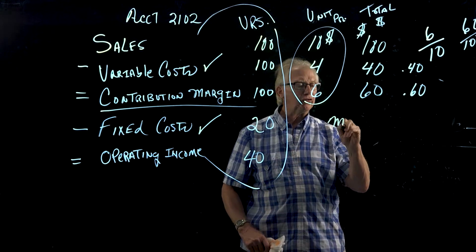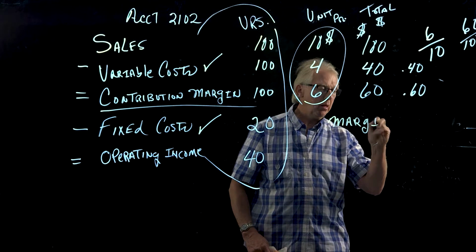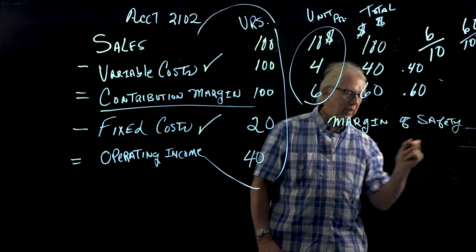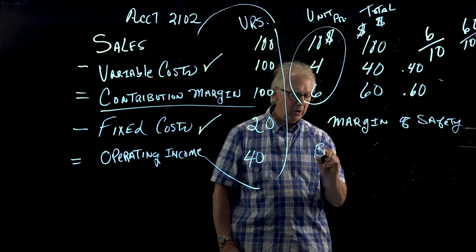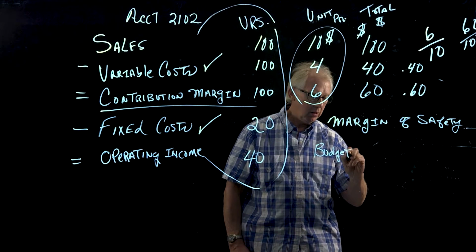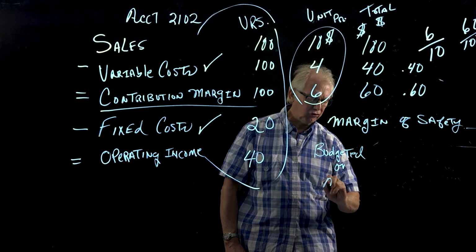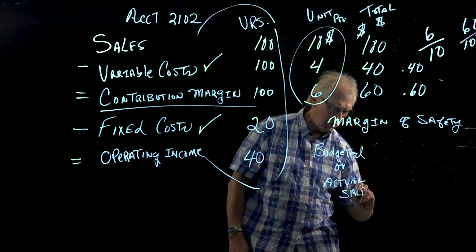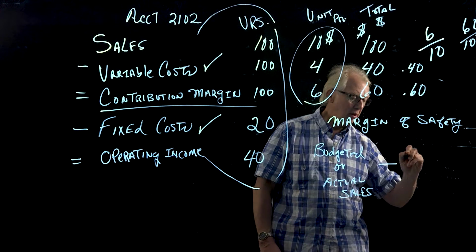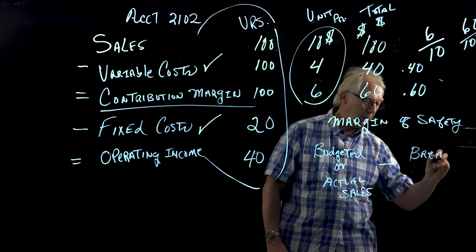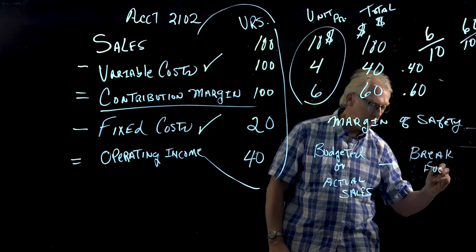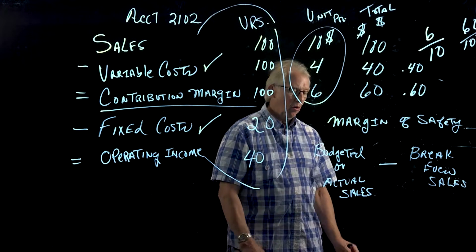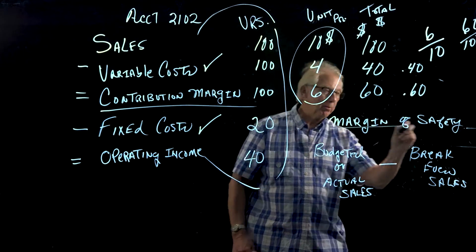It's called the margin of safety. And that formula is budgeted or actual sales minus break-even sales. Okay, budgeted or actual sales minus break-even sales.